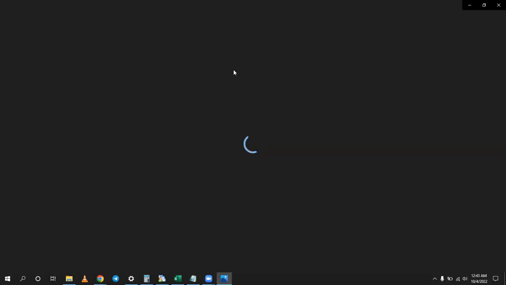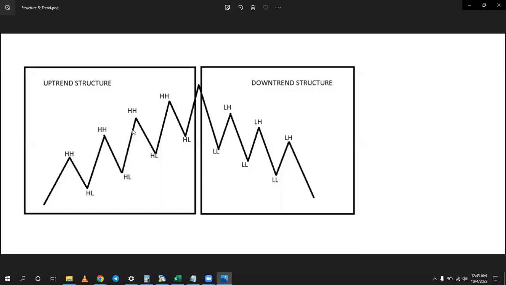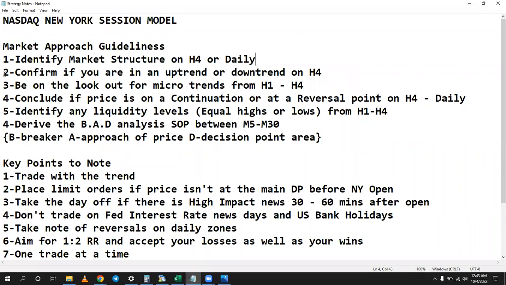It's as simple as that. The uptrend structure, where we look out for buy opportunities, and then the downtrend structure, where we look out for sell opportunities.